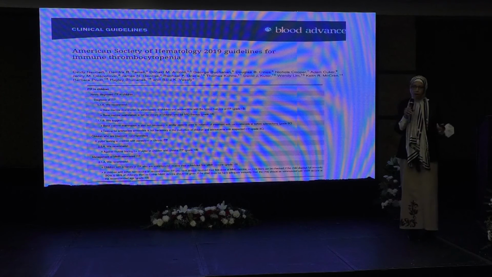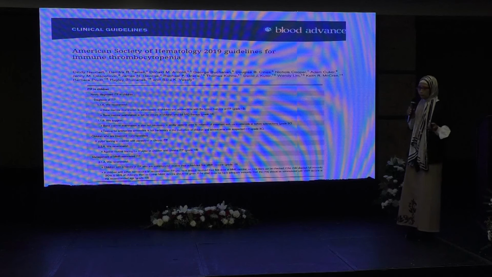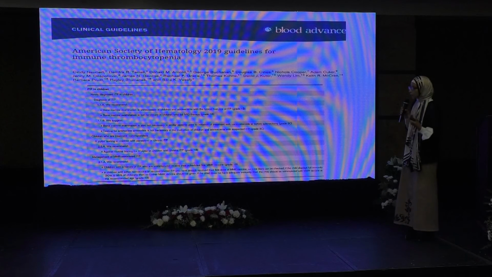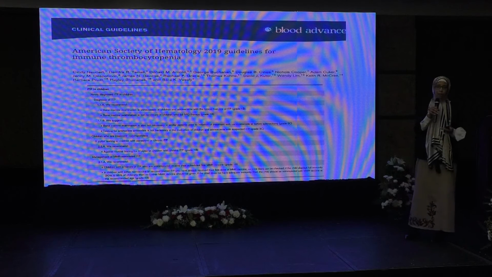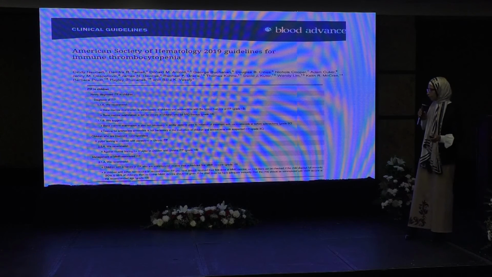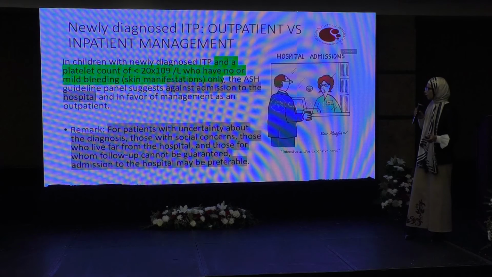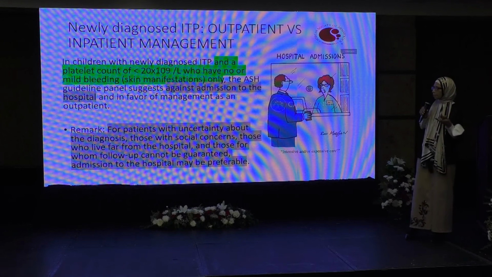We do not commonly encounter H. pylori-related immune thrombocytopenia in the pediatric age group, and we sometimes encounter it post MMR, so it is one of the major contributions of the American Society to point out that MMR may lead to secondary ITP.